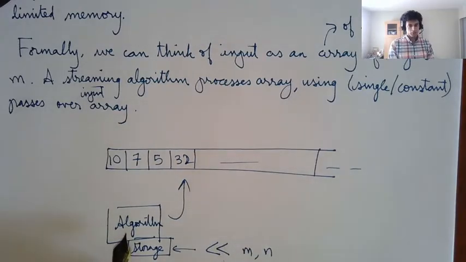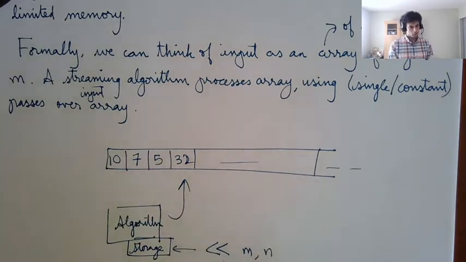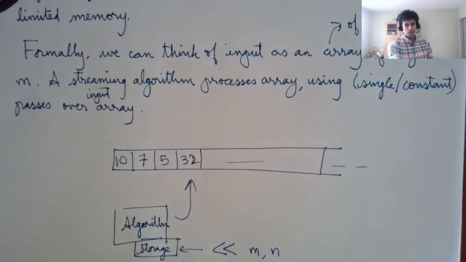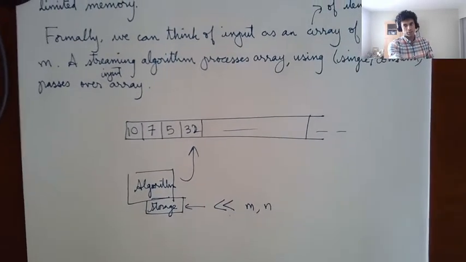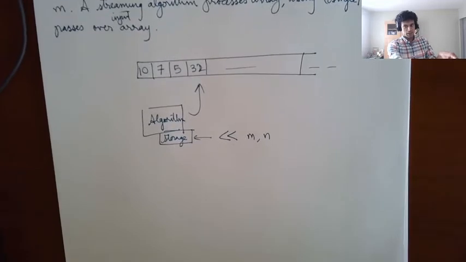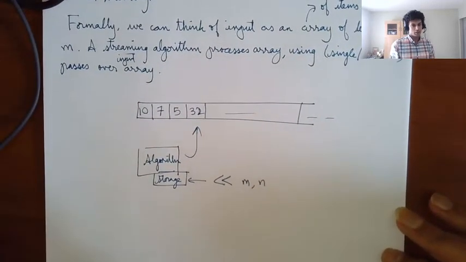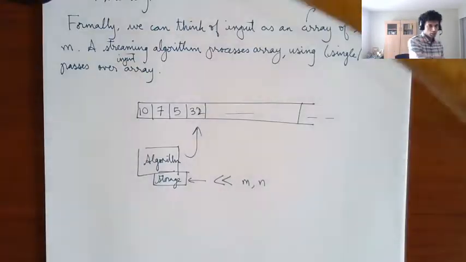So the algorithm cannot afford to store the entire input array, which is the stream, nor can it afford to store the universe. This is often referred to as a big data model, because it tries to capture some of the challenges in algorithmics for large data.